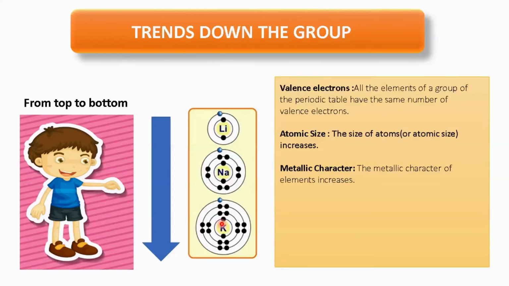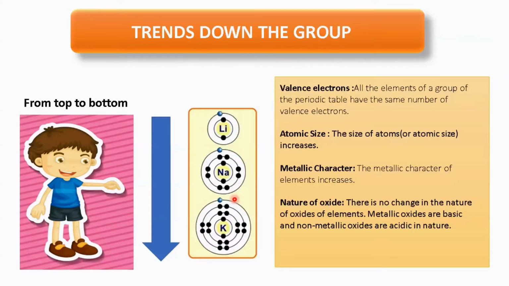So as the distance is increasing, the nuclear force is decreasing, or nuclear pull is decreasing, thereby allowing the outermost electron to move freely, or we can easily remove the outermost electron, and the metallic character is increasing.